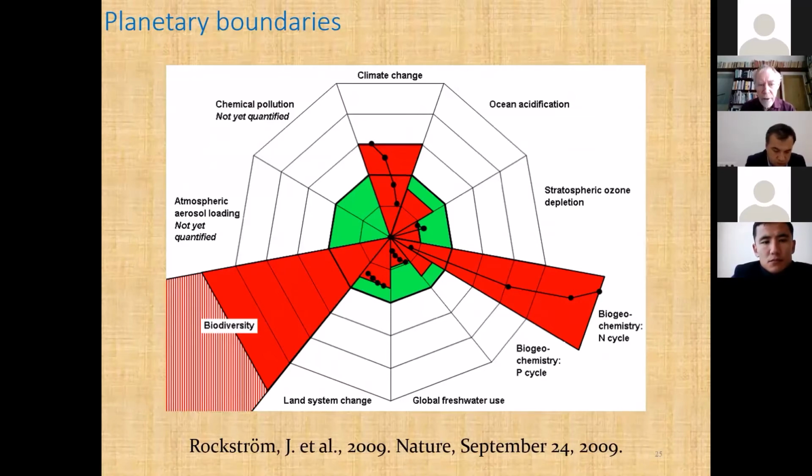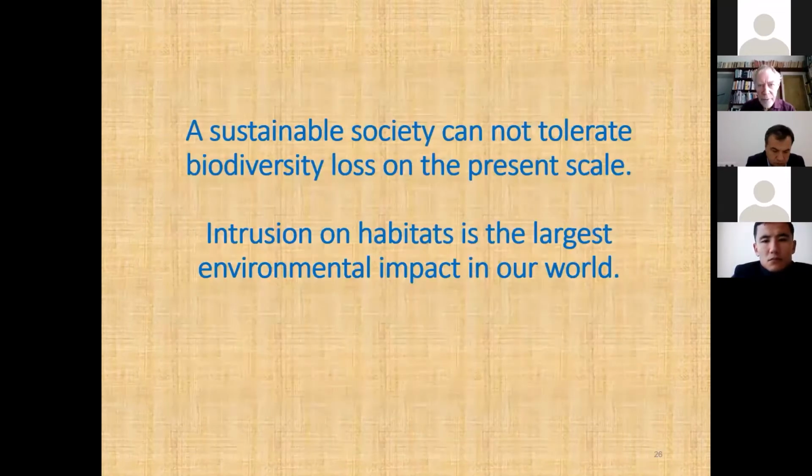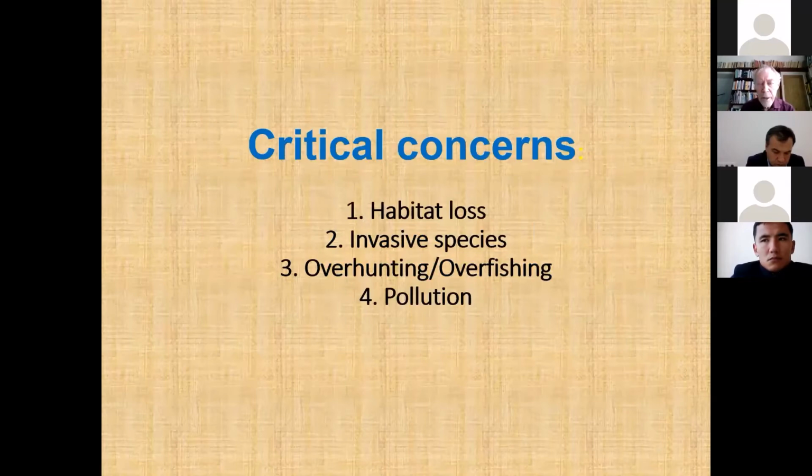Of course, the number of species lost is almost 100 to 1,000 times quicker than it was before us. So it's serious. You can simply say that a sustainable society cannot tolerate biodiversity loss on the present scale. And habitat loss is the largest impact in our world right now. So it's serious. The critical concerns then for this are habitat loss, invasive species coming into areas where they didn't exist before, overhunting, overfishing, and so on.